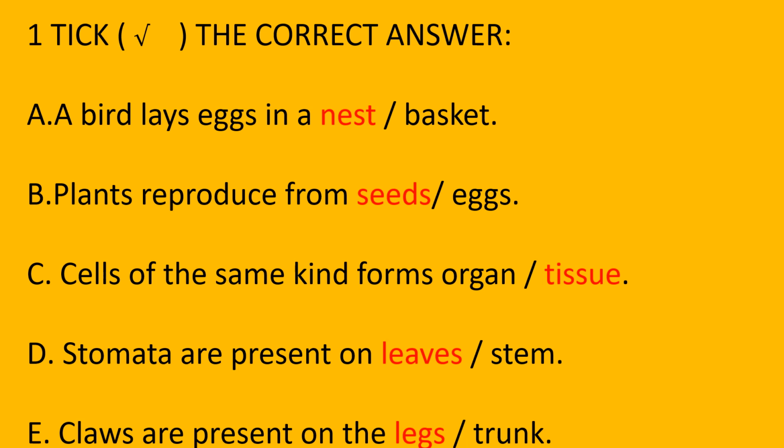Second question, plants reproduce from, and the options given are seeds or eggs. Children, here we need to explain that plants reproduce from seeds or from eggs.